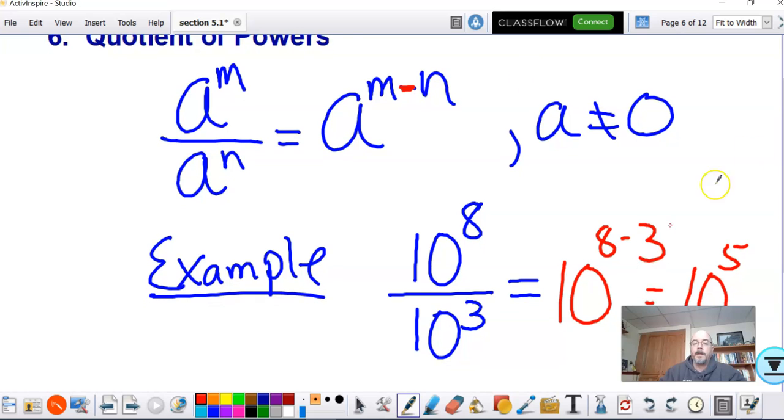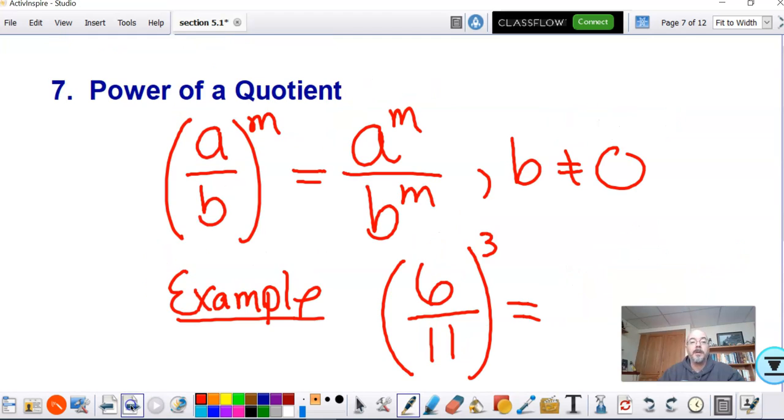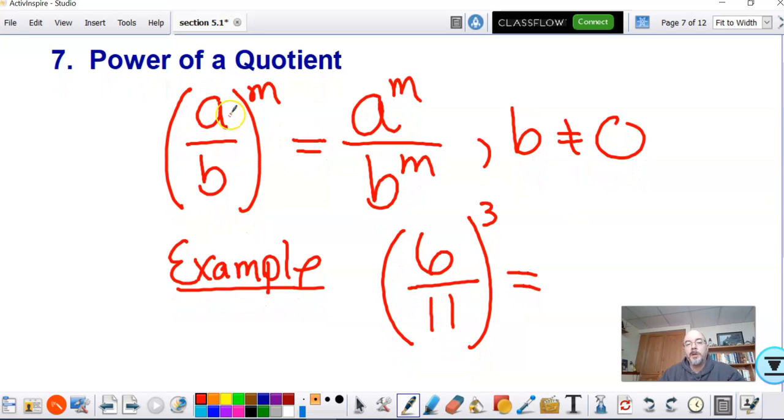Okay? All right, let's keep going. You've seen these before, folks. You did all of these exponent rules probably in middle school, and I know you did them again in intermediate algebra. All right, the next one is a power of a quotient. So you'll notice this time, ladies and gentlemen, we have two bases, a over b, and that's all grouped with an exponent m.